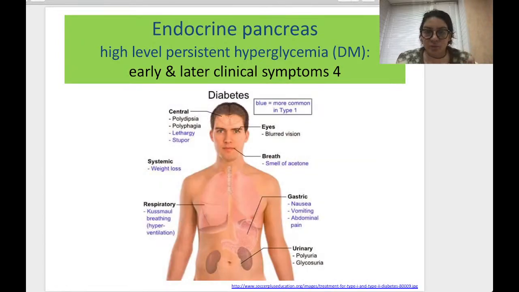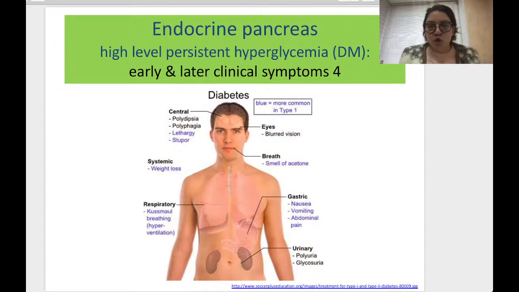And another picture schematically for your objective examination, when you examine a patient system by system, for what you should pay attention. Central nervous system symptoms are polydipsia, polyphagia, and more common for type 1, lethargy and stupor due to severe hyperglycemic and ketoacidotic states. In eyes, blurred vision is typical for both types of diabetes. In breath, it is the smell of acetone.